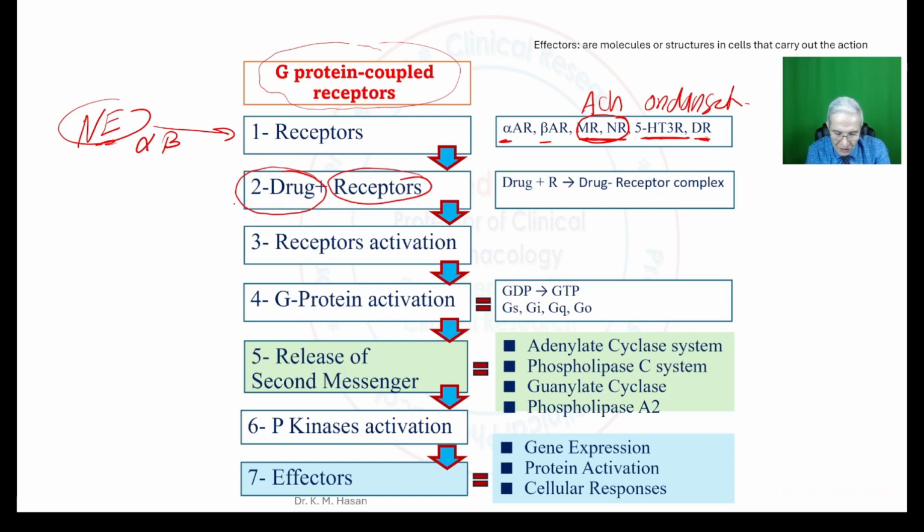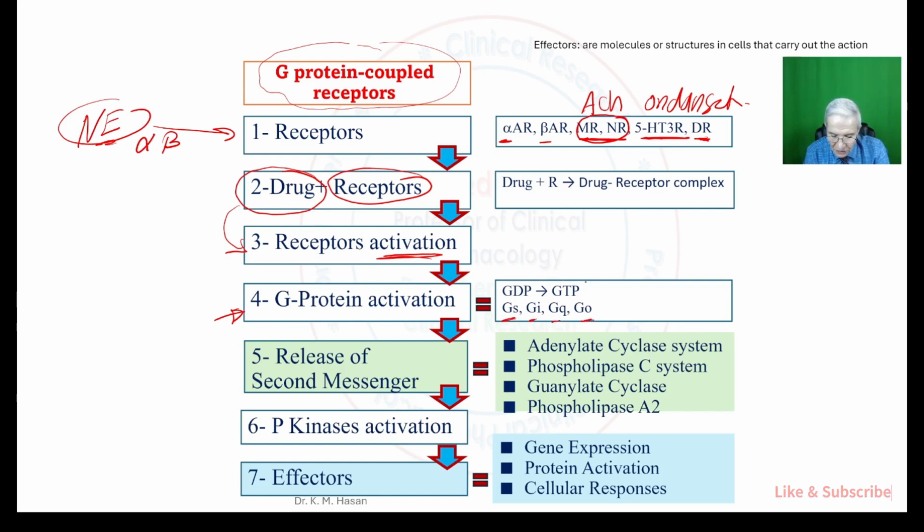Okay, the next step will be to activate the receptor. So receptor activation. The receptor activation will activate G protein. And now we have to stop here and remember that we have several types of G protein: Gs, Gi, Gq, and Go. Okay, this is number one.